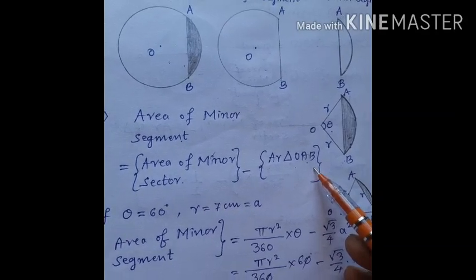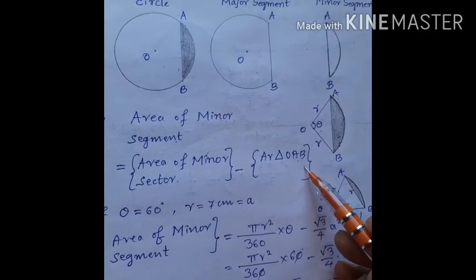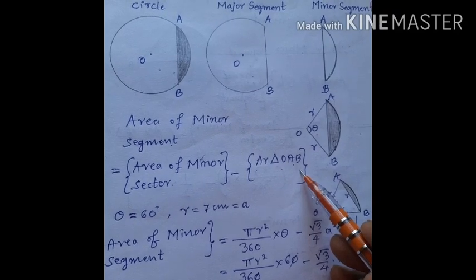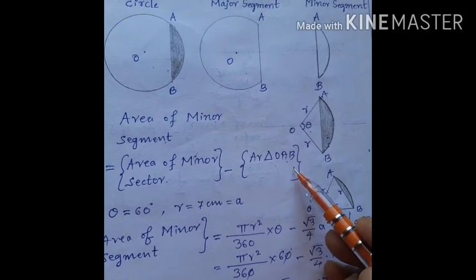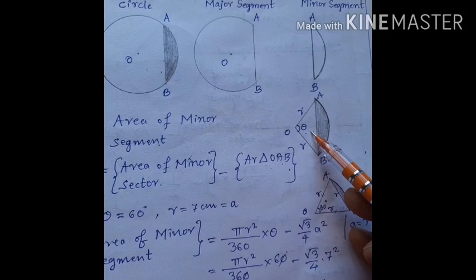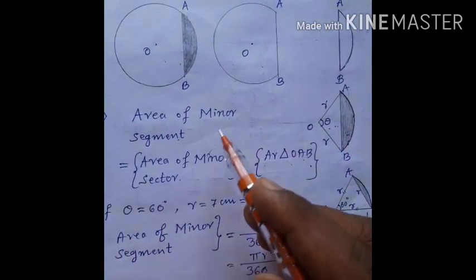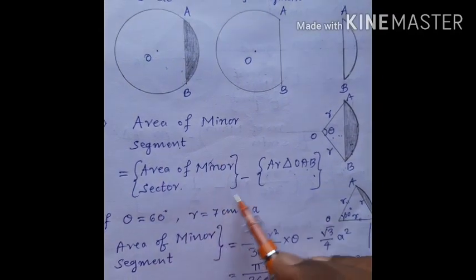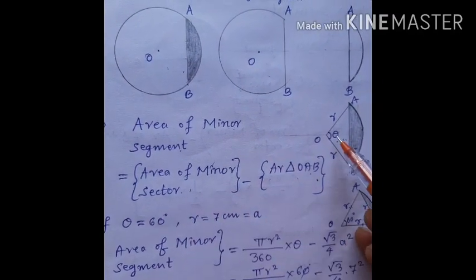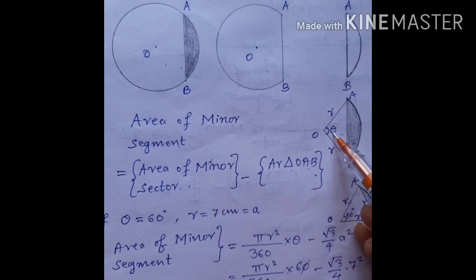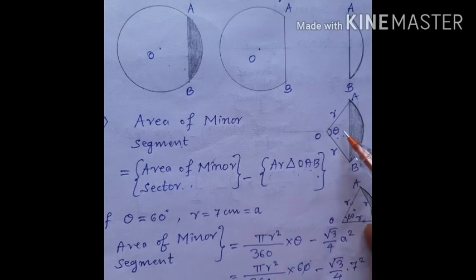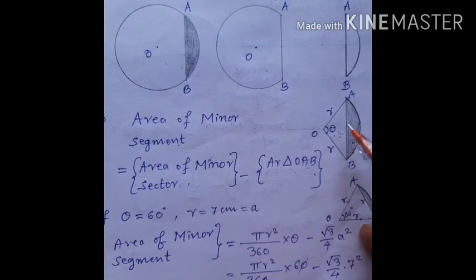But children, the area of the segment depends upon the type of the triangle here. The area of the minor sector depends upon the value of theta, but the area of the triangle depends upon the type of the triangle.